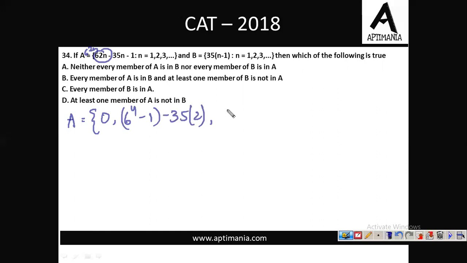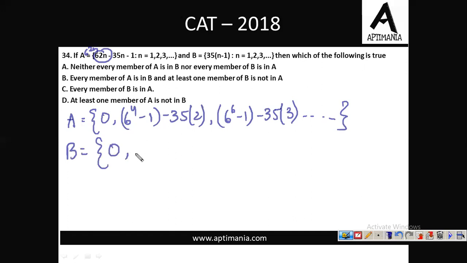For n equal to 3, it will be 6 to the power 6 minus 1 minus 35 into 3, and so on. Similarly, for calculating the value of B, first is 0 when putting n equals to 1, and then it will be 35 into 1, 35 into 2, 35 into 3, and so on.